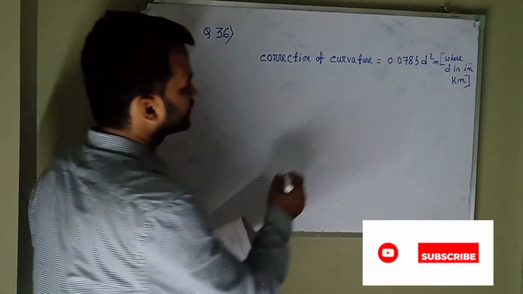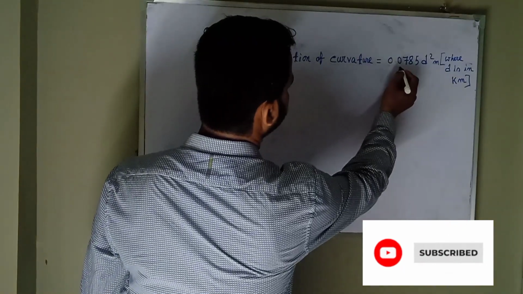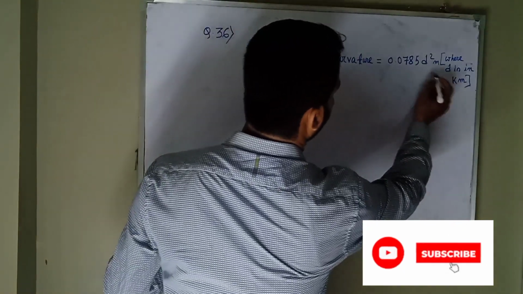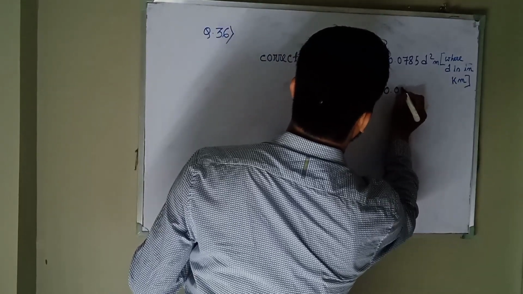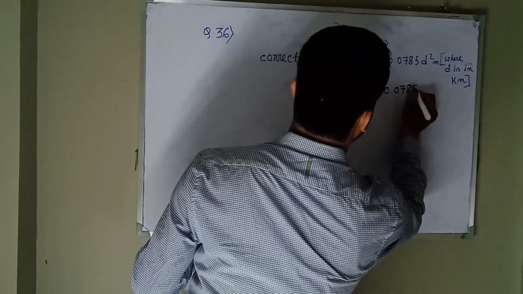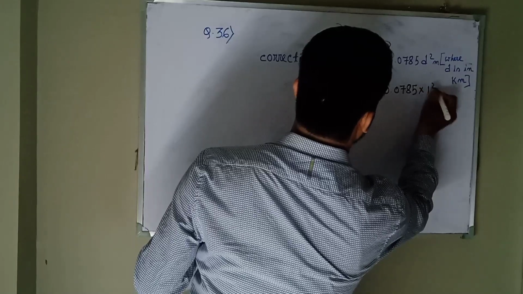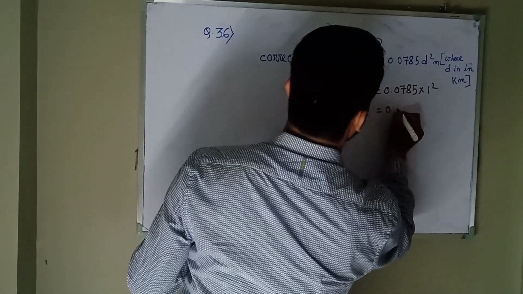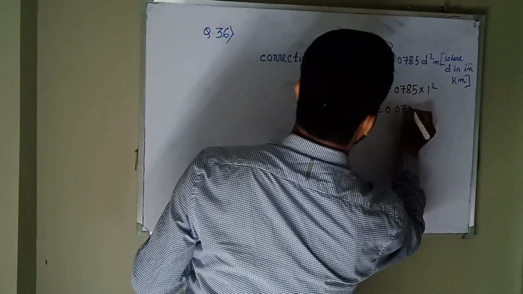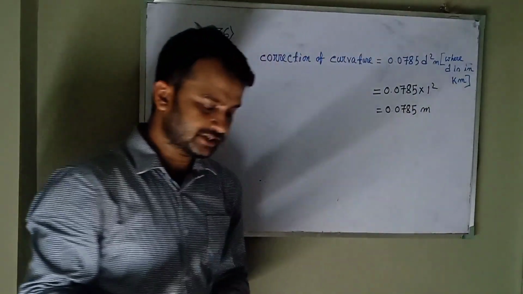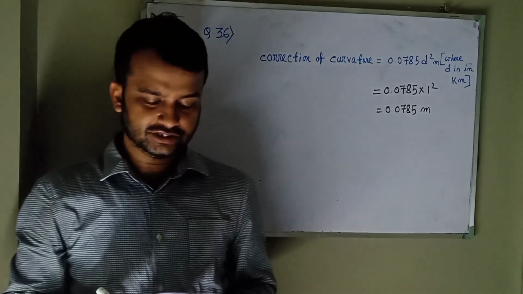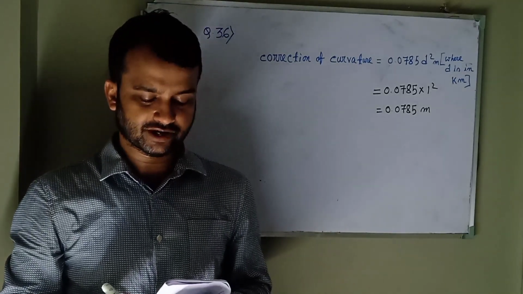Correction of curvature is equal to 0.0785 d square, where d is in kilometers. So if we put the value, the answer will come 0.0785 meter. So the correct answer is option C, 0.0785 meter.